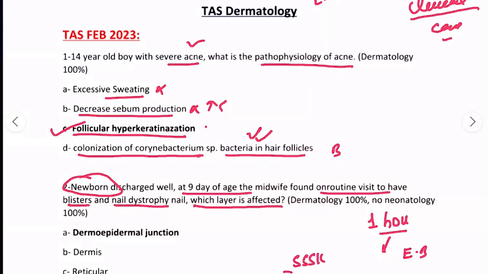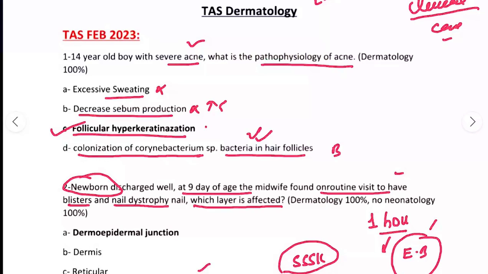In SSSS, it usually takes 1 or 2 days after infection, an incubation period, then blistering occurs. Whenever within the first day of life, a few hours of life, we have nail problems and blistering, this is epidermolysis bullosa. We have to know this is epidermolysis bullosa.